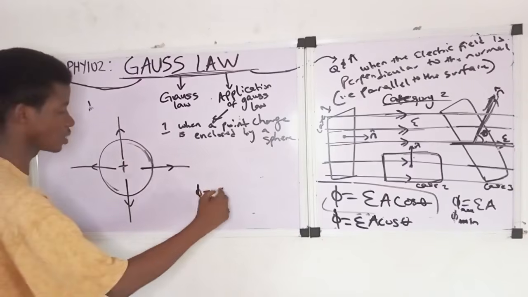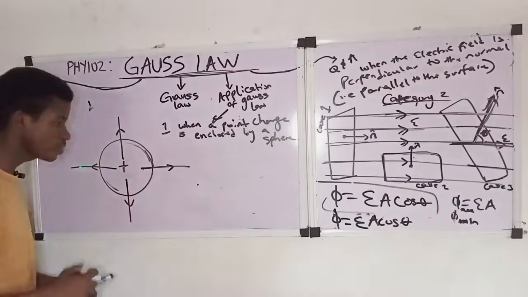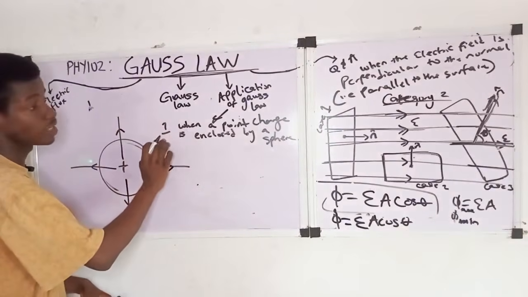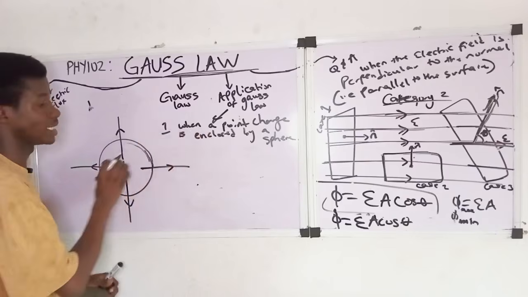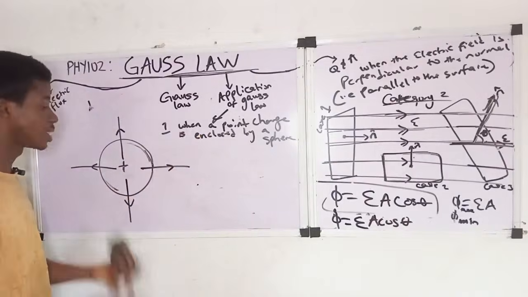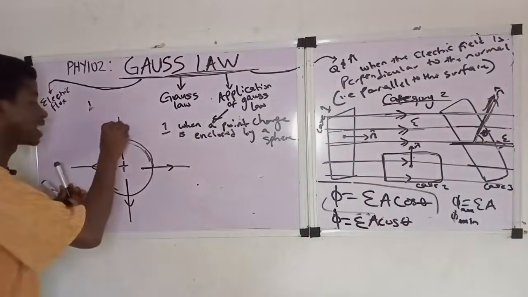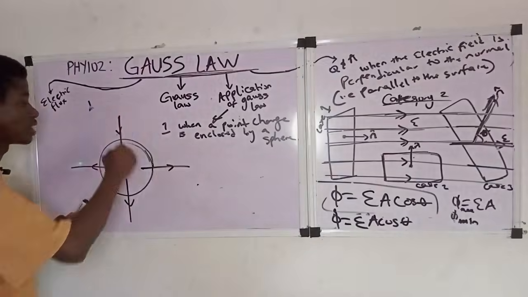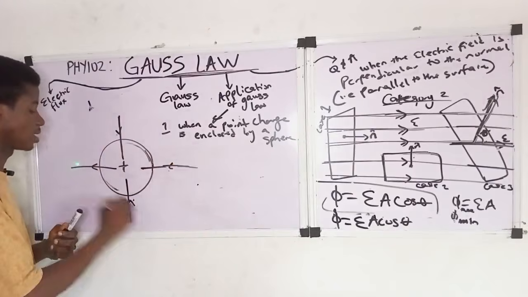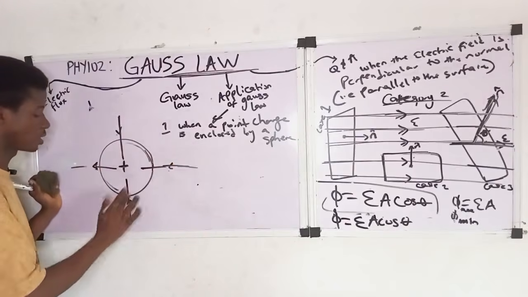Remember, electric flux is electric field times area. So when a point charge is enclosed by a sphere, it can be a positive charge or a negative charge. If it's a negative charge, it might be something like this. So let's use positive.